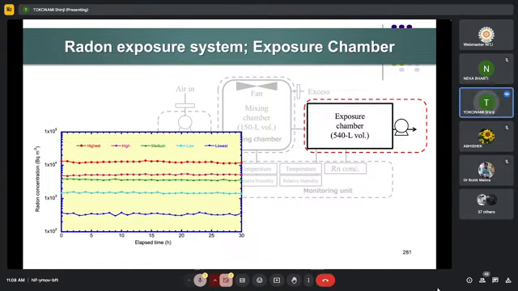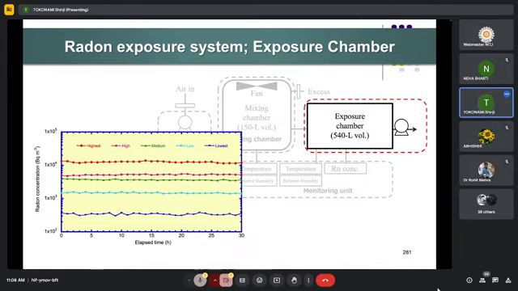Regarding the exposure chamber, this figure shows time variation of radon concentration at different exposure levels. Here I show you 5 levels. The lowest is about 300 becquerel per cubic meter. The low level, 1,500 becquerel per cubic meter.